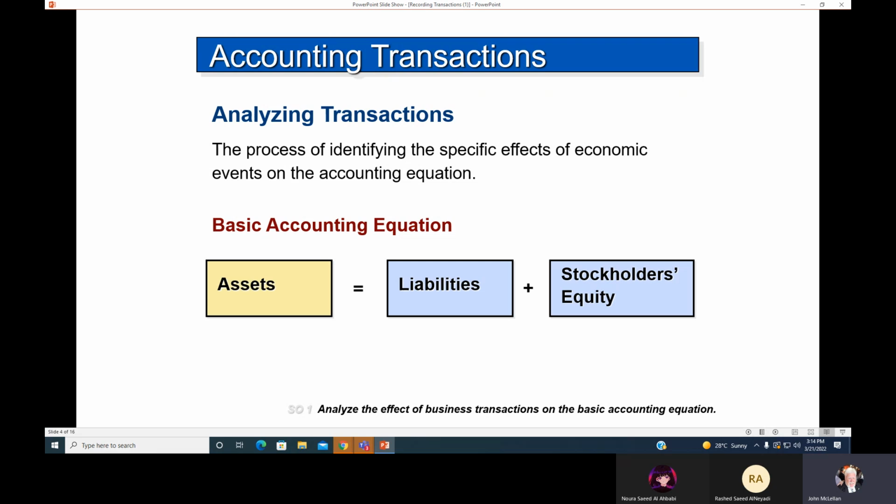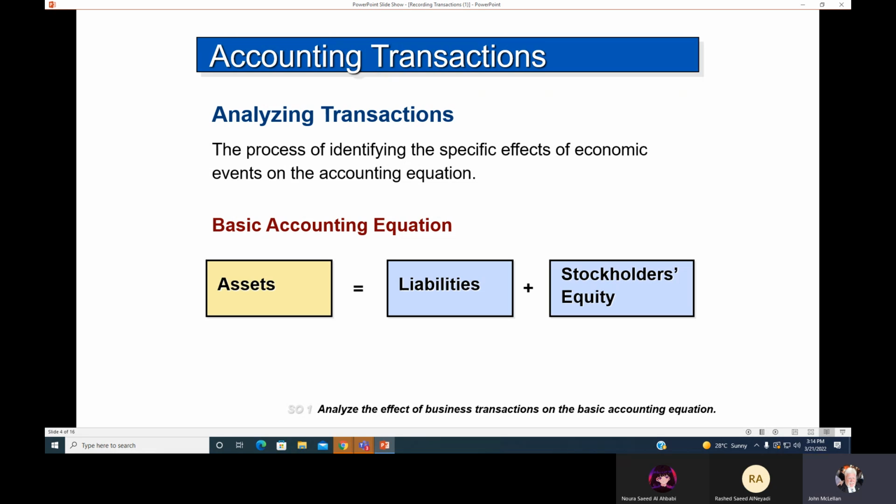To demonstrate this, we're going to expand that accounting equation. Assets equal liabilities plus shareholders' equity, which is two parts: common stock, which the shareholders have purchased from the company, plus retained earnings. That's the earnings the company has earned and kept, not given back in the form of dividends. Retained earnings goes up every time the company earns revenue.